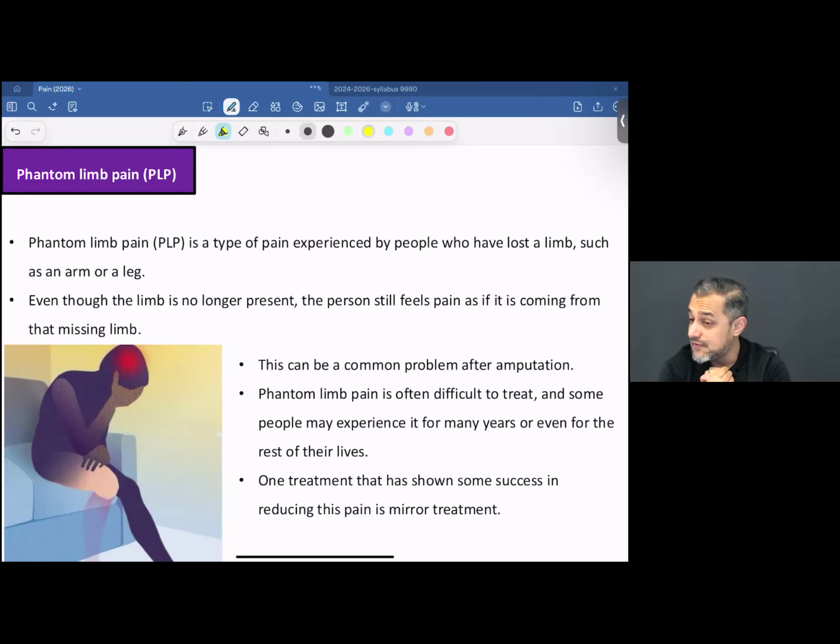And this pain is real. As we speak about phantom limb pain, more than 70% of people who are amputated say they experience phantom limb pain. And phantom limb pain is pretty specific.